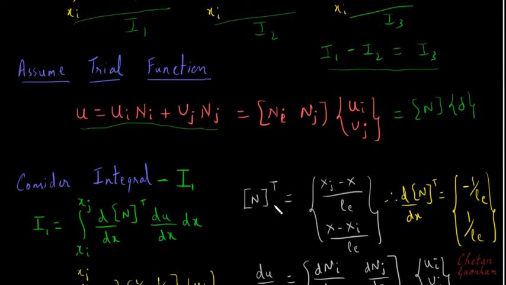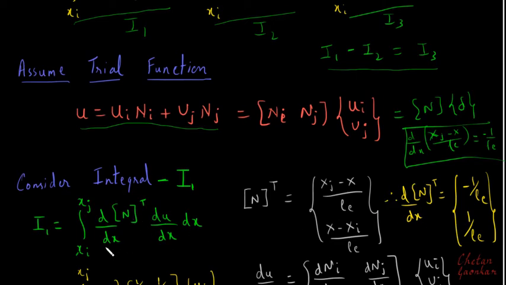Then if I take the derivative of this term with respect to x, I will get minus 1 by le, because this term will be treated as constant. So the derivative of (xj minus x) by le will be equal to minus 1 by le.